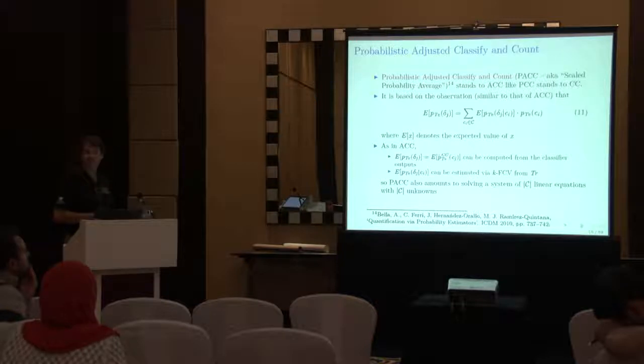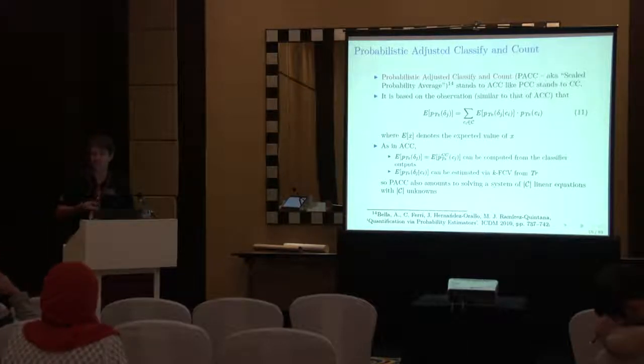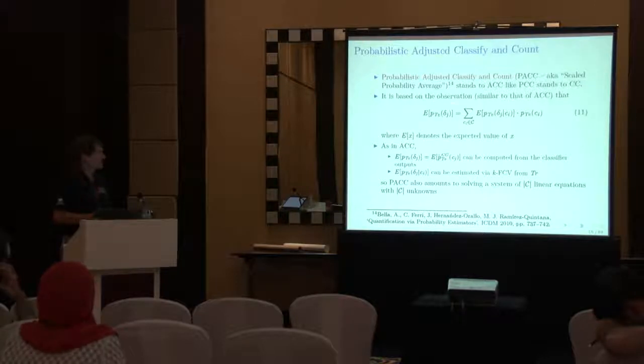So we take expected values instead of counts, and by means of this we expect to retain rich information. Aside from this, we are still in the presence of a system of linear equations in which this is known, this can be estimated by k-fold cross validation, and these are the unknowns that we want to figure out by solving a system of n linear equations in n unknowns.